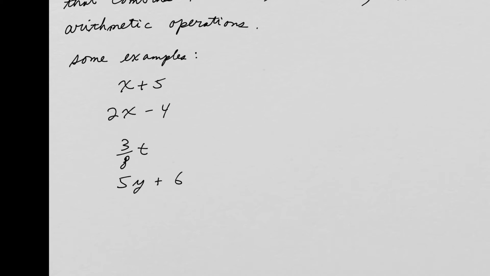Now, one of the most important things we want to be able to do is to translate a phrase into an algebraic expression. So let's look at some examples of that. And you're going to notice that there's key words that end up representing some particular operation. Okay, so for example, let's say we're asked to translate each phrase into an algebraic expression.